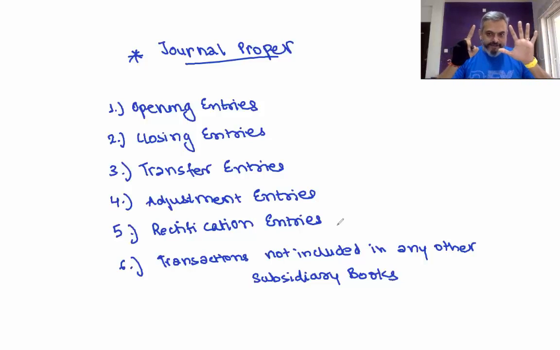So there are basically 6 types of entries we are going to record in journal proper. Please note this.